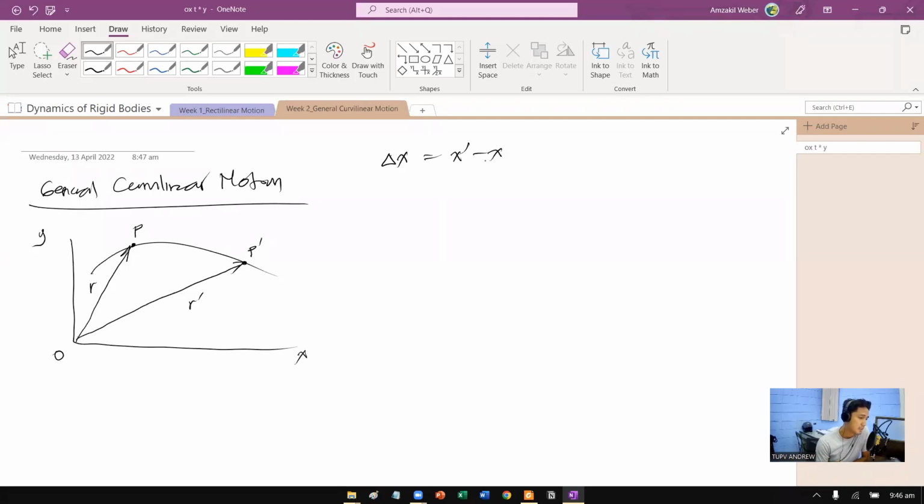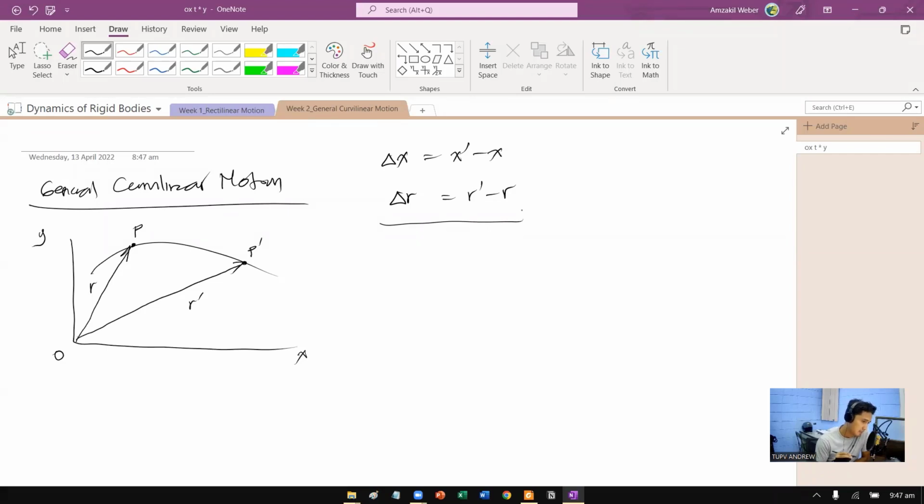But this time, since we are using two orthogonal axes, the displacement now is not Δx but Δr, which is equal to r prime minus r. r is composed of two vectors, along x and along y, but we can write it more simply, which still captures the idea that the displacement, in this case Δr, not Δx, is equal to the final position r prime minus the initial position r.